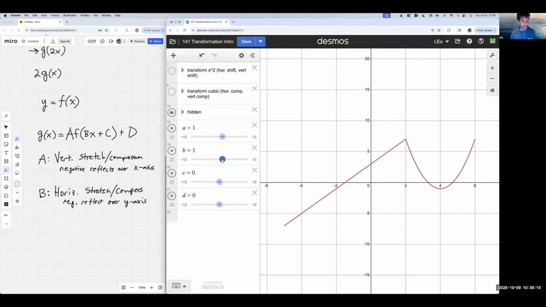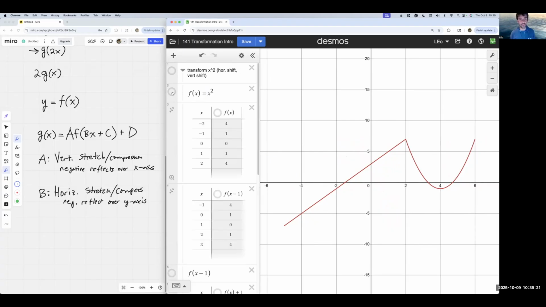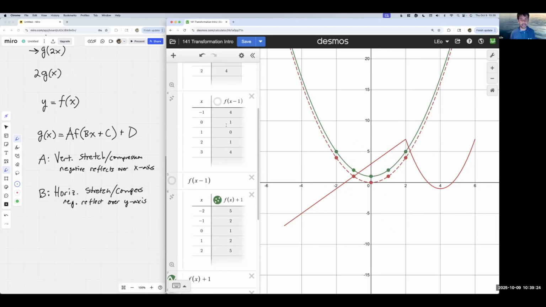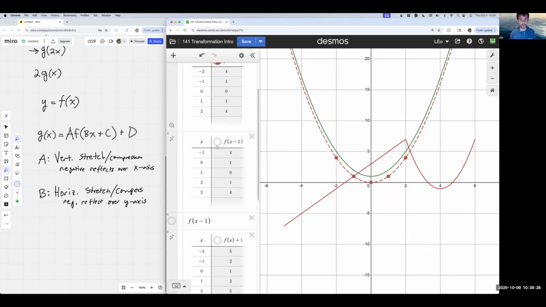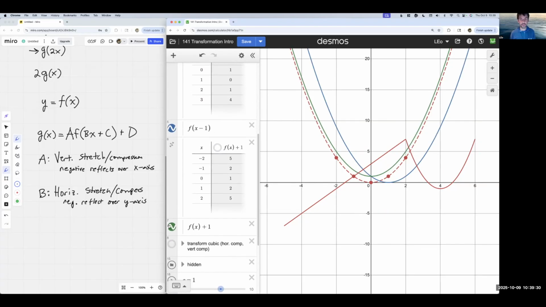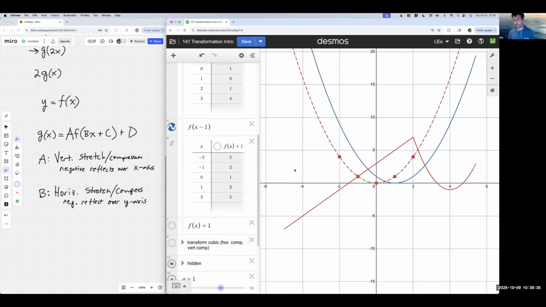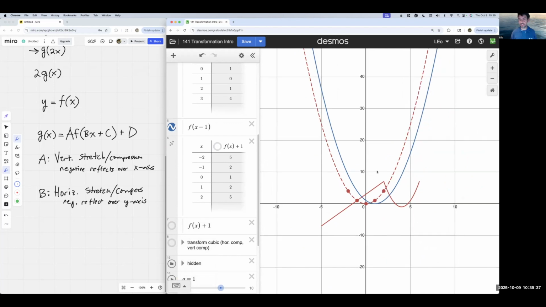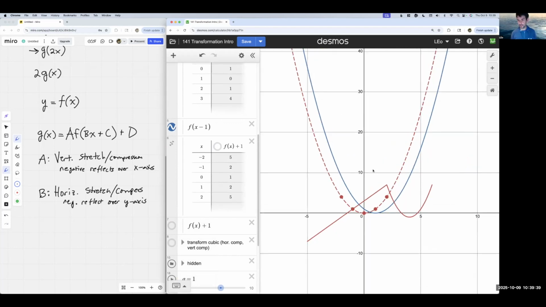All right, let's go on to C. This is adding, and this is adding to our input. So again, this kind of does the opposite of what we think it's going to do. Remember the very first function we looked at. The first thing we did was subtract 1, and it moved to the right. So that original red dotted graph is there, and then the blue graph is it shifted to the right.